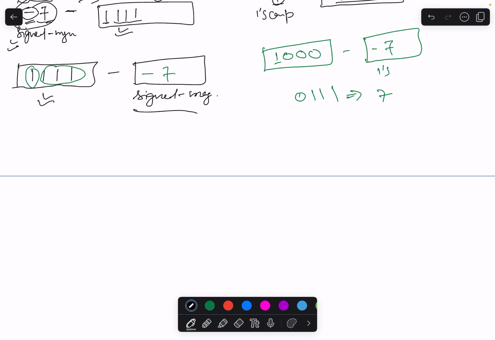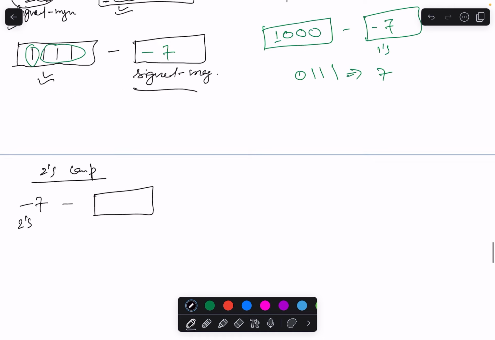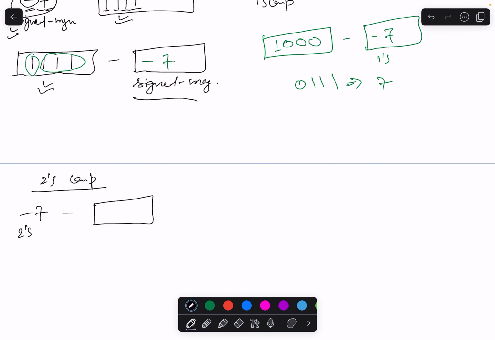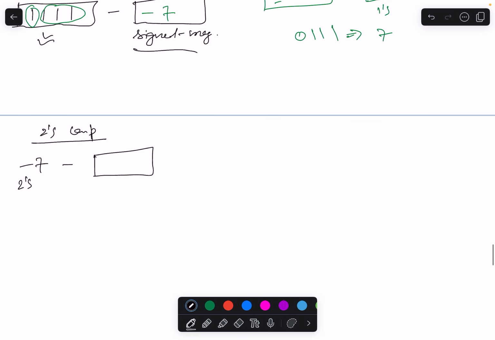Now we will talk about the twos complement. Suppose the number is given as minus 7, and the format is twos complement. How can we find the binary representation? Similarly, we take the binary of only the magnitude 7, that is 111. We make the number positive by putting 0 here, and then we invert the bits and add plus 1.